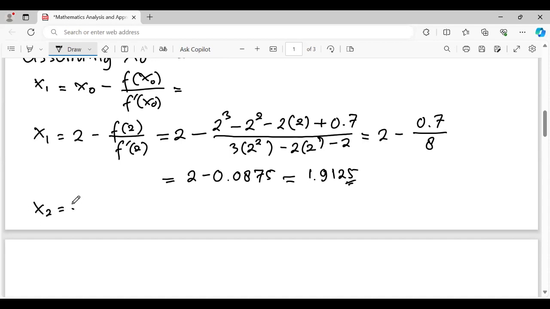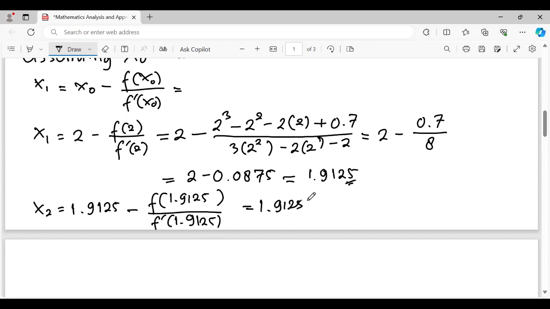Now x2 equals 1.9125 minus f(1.9125) over the derivative at x equals 1.9125.